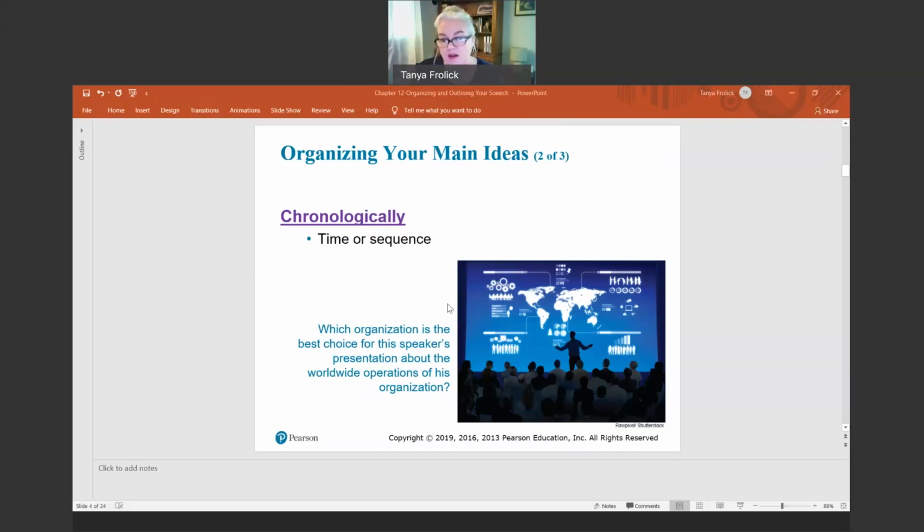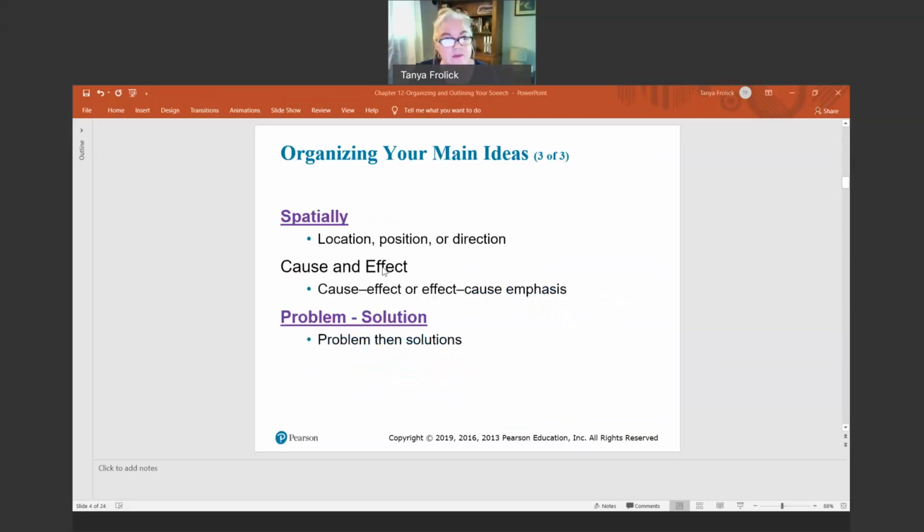Maybe, I don't know. I don't know the organization, but here it looks to me like it might be topical or spatial. I would probably describe the different buildings, where they're located, and what courses are taught in each division.